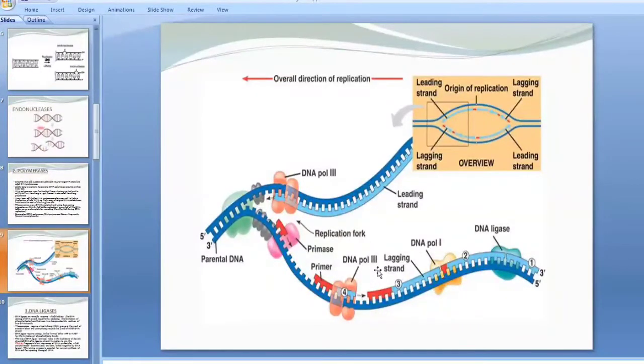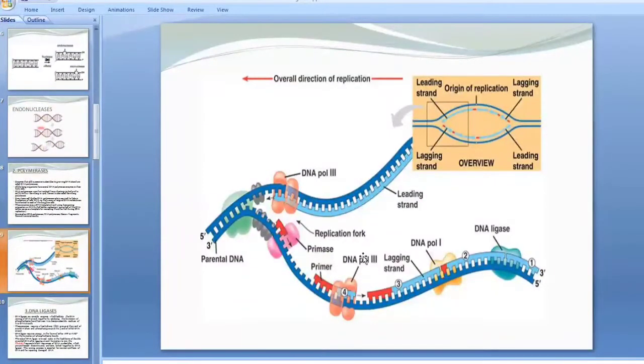The main function I already told you: whether it is DNA polymerase 1, 2, or 3, they are useful in the elongation or duplication of the DNA molecule.